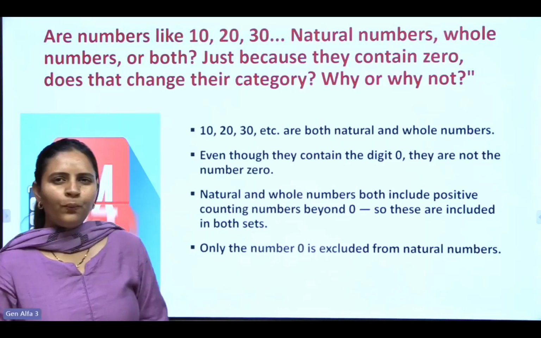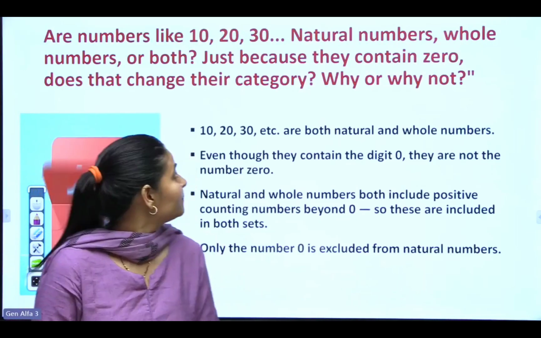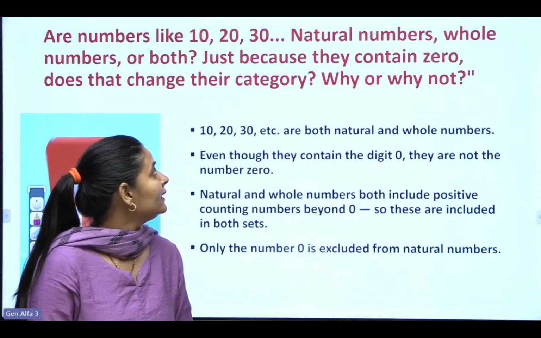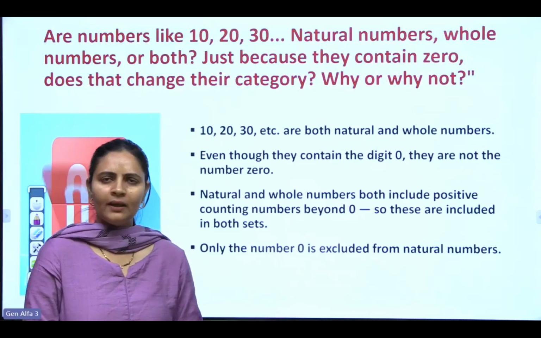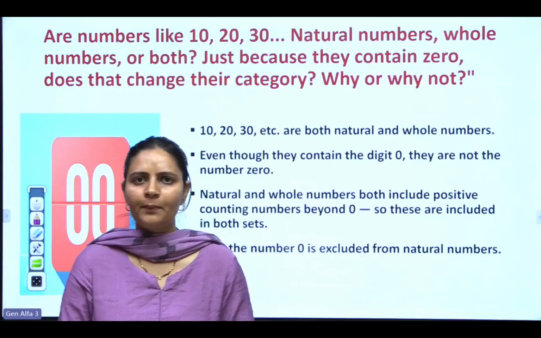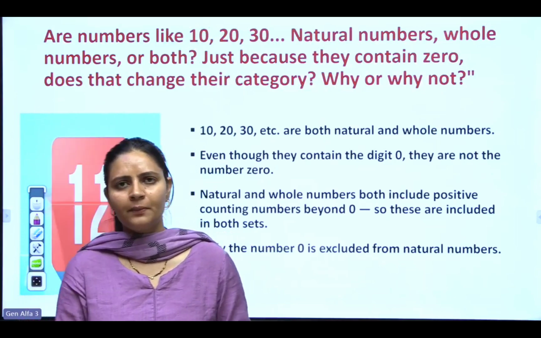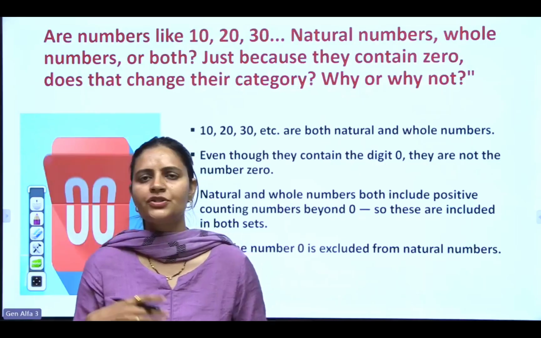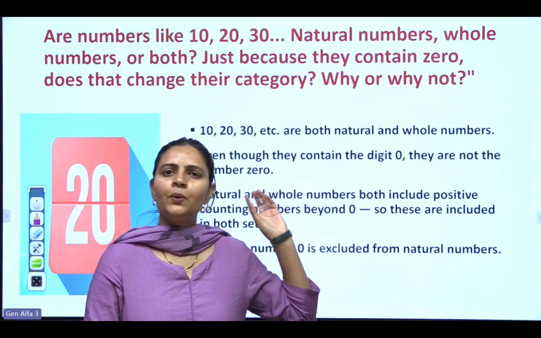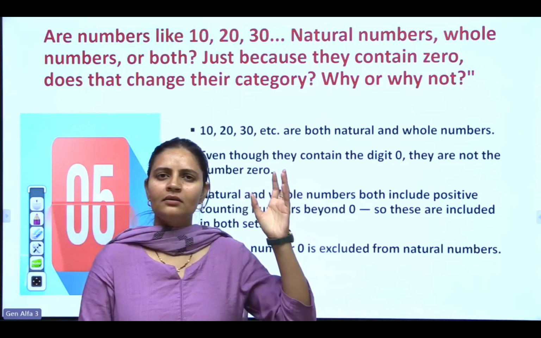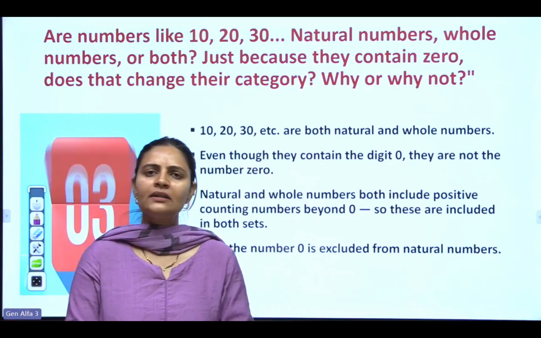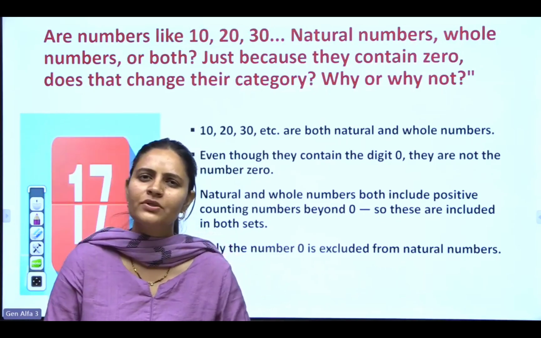So now a question arises: are numbers like 10, 20, 30 natural numbers or whole numbers or both? What do you think about it? We have talked so far about what is zero, what is a natural number. It starts from one. So what do you think about these zero-containing numbers? 10, 100, 1000, 20, 200, and so on. Are they natural numbers or whole numbers or both?